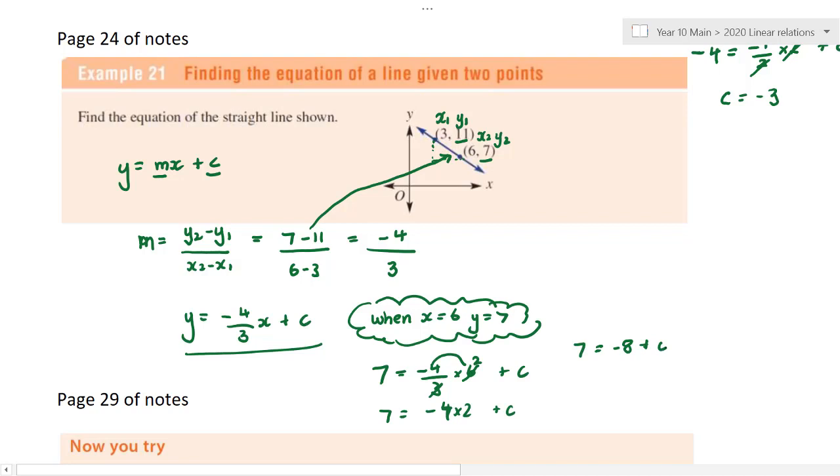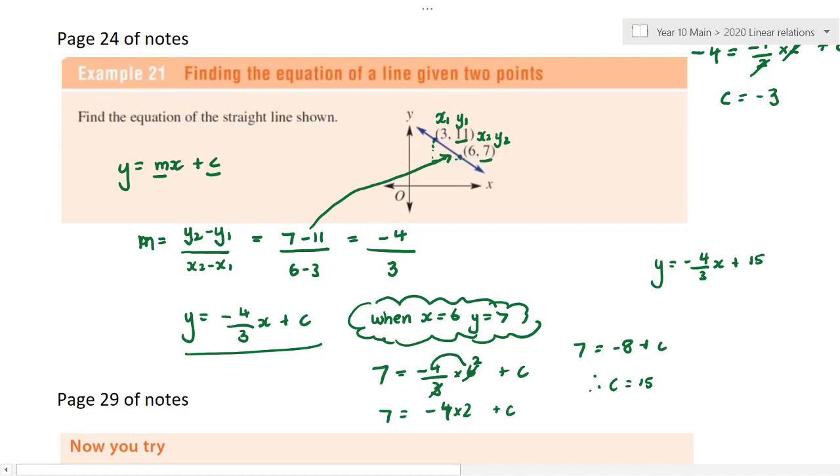Now we just add 8 to both sides. So therefore, c is equal to 15, which means that our equation is y is equal to minus 4/3 x plus c, but we just found c, didn't we?